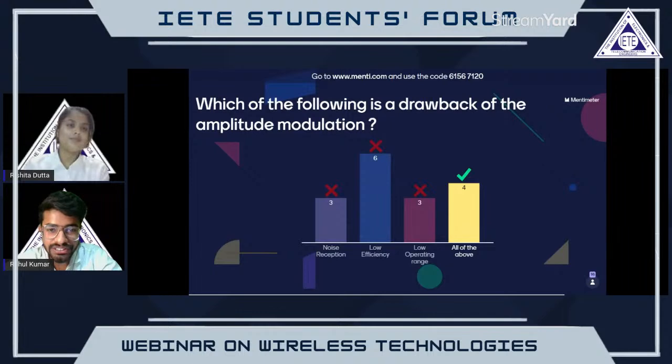The correct option is option 4, all of the above. And 4 of the people have chosen the right answer. I'm really curious to know who's the winner. Let's see. Can we have the leaderboard on the screen?